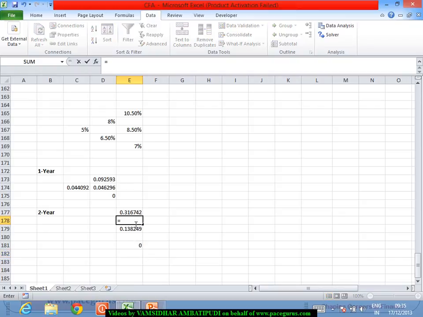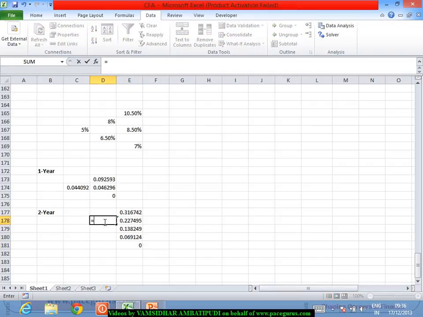So at each of the nodes, I can work out the expected payoff by multiplying 0.5 times this particular payoff versus 0.5 times 0.13. So the expected payoff at that node is 0.22. The same logic here, I can find out the expected payoff, 0.5 times 0.13 plus 0.5 times 0, giving me that the expected payoff is going to be this at the end of 2 years.